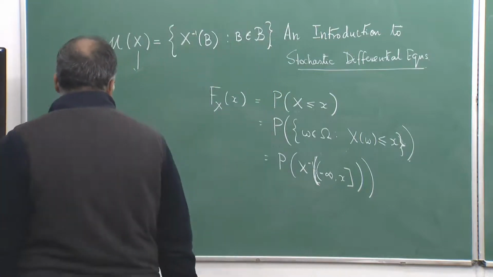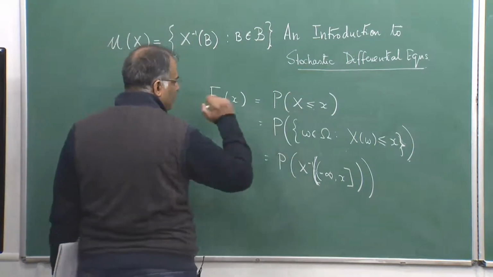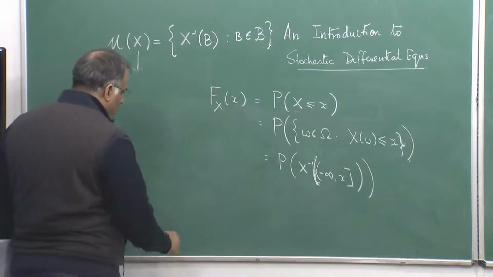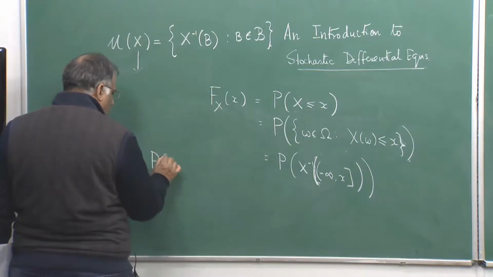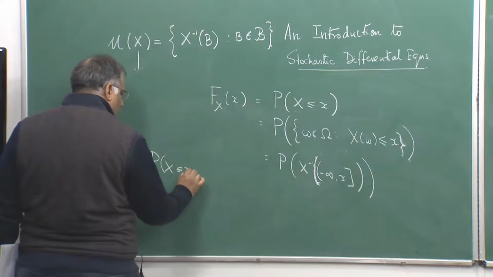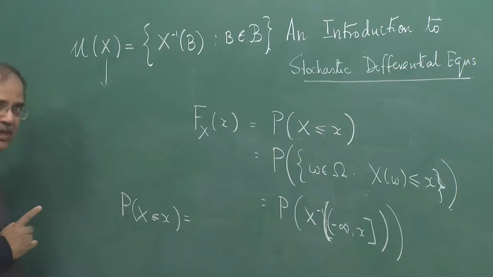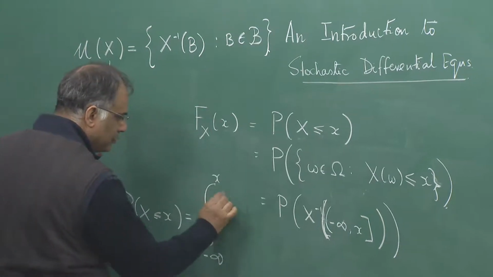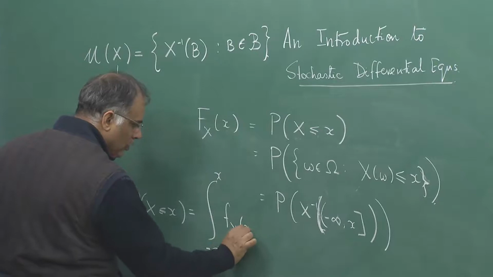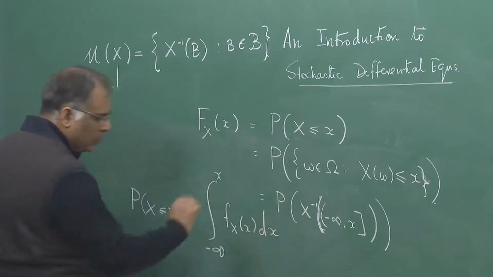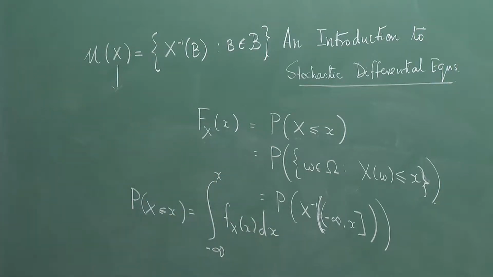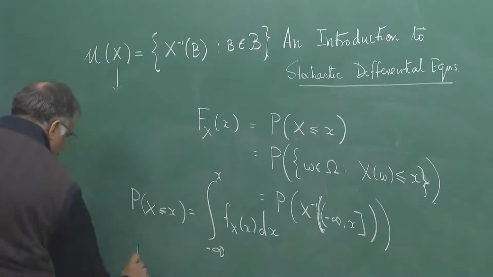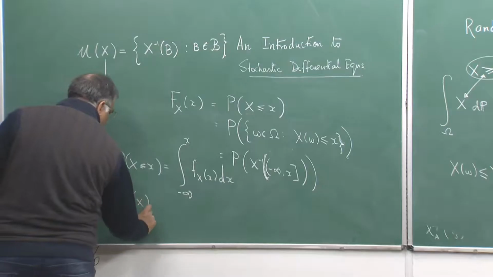And then how do I calculate the probability? It is usually calculated by means of a density function. I am just recalling this, which has to be known from a first year probability course, and once you know this, then expectation of X becomes an easy thing to calculate.